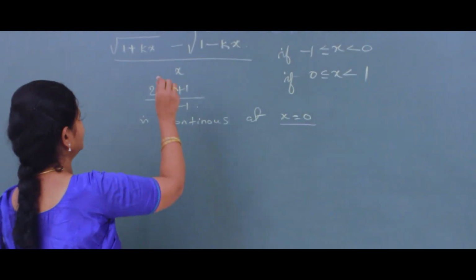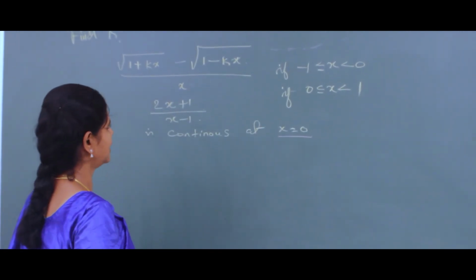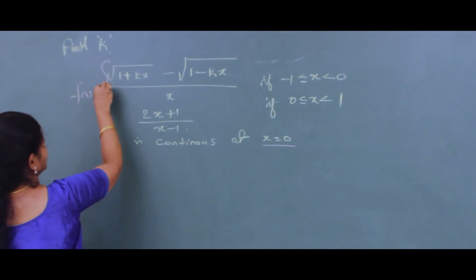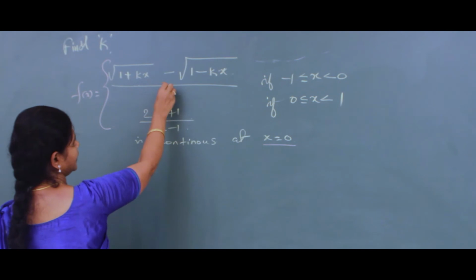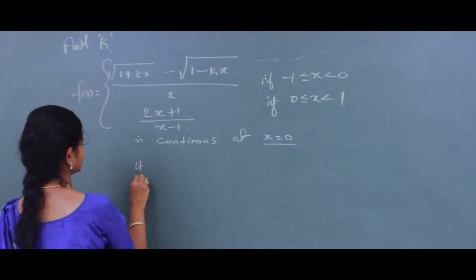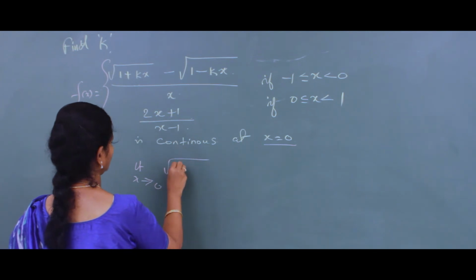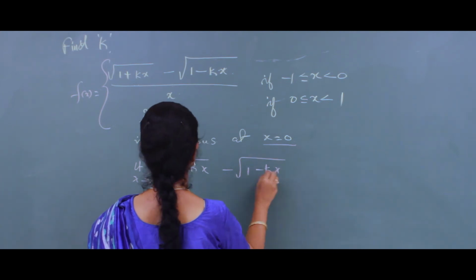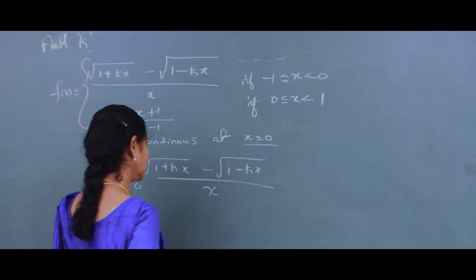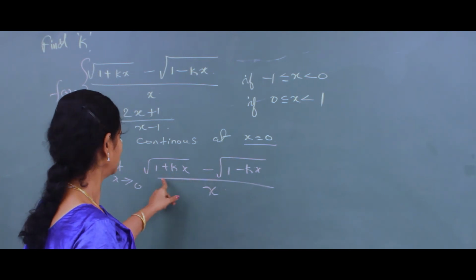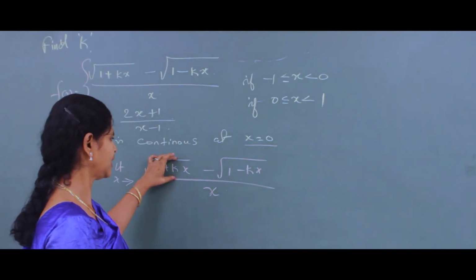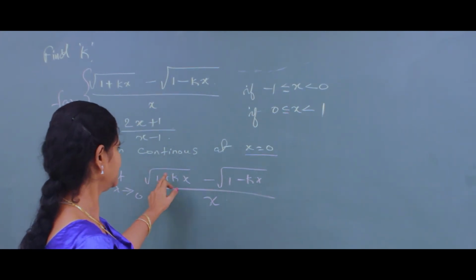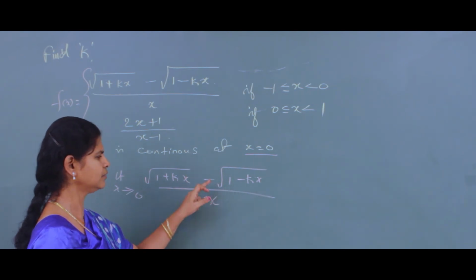So how do we do it? Now this function is continuous. This is the function f of x given. So if it is continuous, you take this as a limit. Limit x tends to 0, square root of 1 plus kx minus square root of 1 minus kx divided by x. If you substitute now, it becomes 0 by 0. But since this is a rationalized function, you have to multiply and divide by its conjugate, which is the same terms with a plus sign in between.